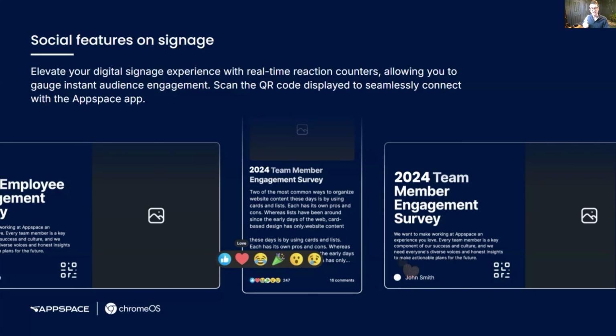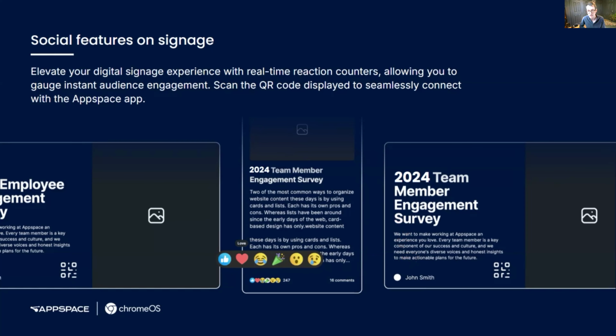Another one that I'm excited about is, again, taking this type of platform, digital signage, beyond the traditional just message on a wall to something that's truly engaging. So one of the things that we're doing on the Appspace platform is creating a 360 feedback loop. If you've got content that's published directly to employees and they're engaging with it, using those social features, hitting like or love, leaving comments and so on, let's show that level of engagement and excitement on the digital sign, right?